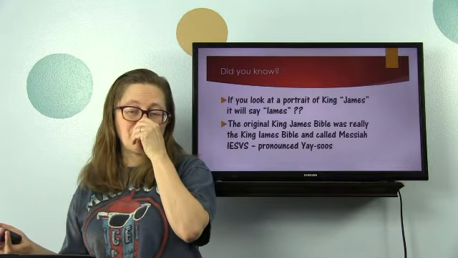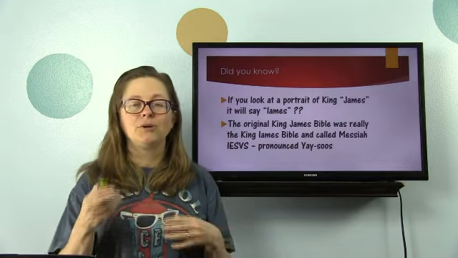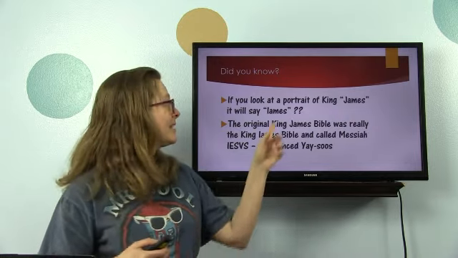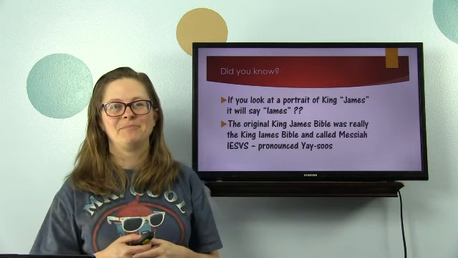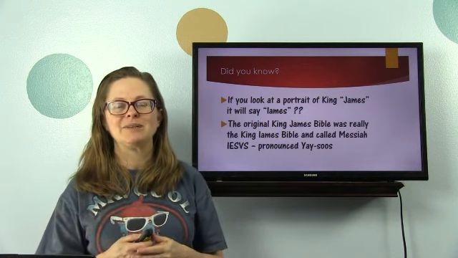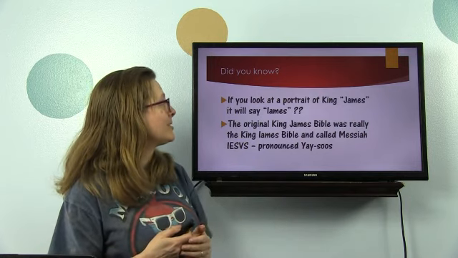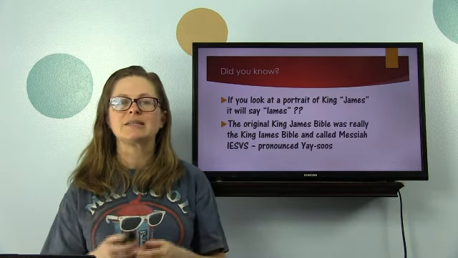Now, King James Bible. You've heard of the King James Bible, right? Well, did you know if you go on Google Images and you look for portraits of King James, you'll see it says King Iames? Because the J wasn't there, and the J wasn't really being pronounced consistently.